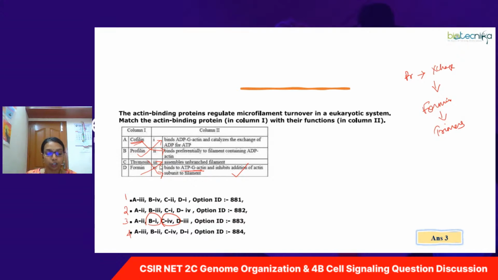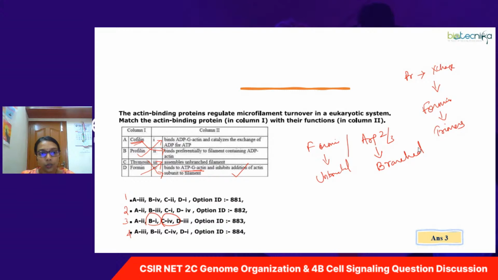If you remember, I told you two proteins: one is formin, another is ARP2/3. Both of them are involved with activation, but formin will form unbranched filaments and ARP2/3 will form branched filaments. That is the difference; otherwise the working remains the same.